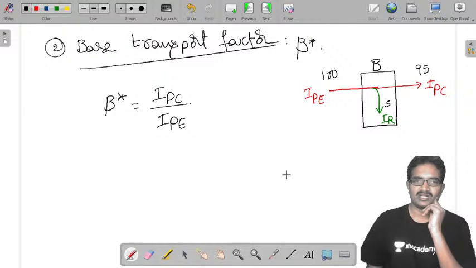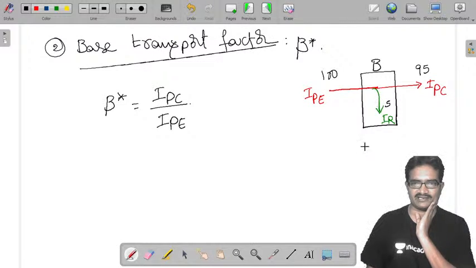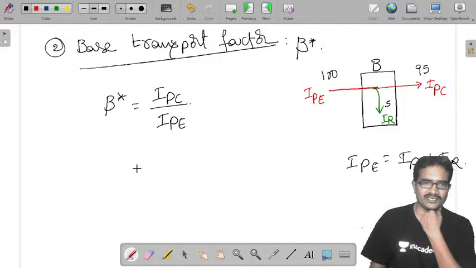Now, we already know the IPE value. IPE is IPC plus IR. So take that value and substitute here.